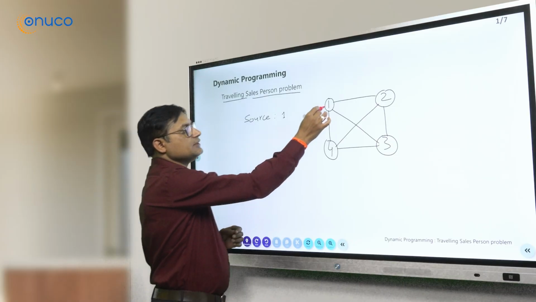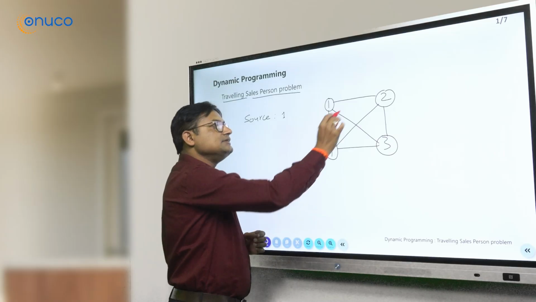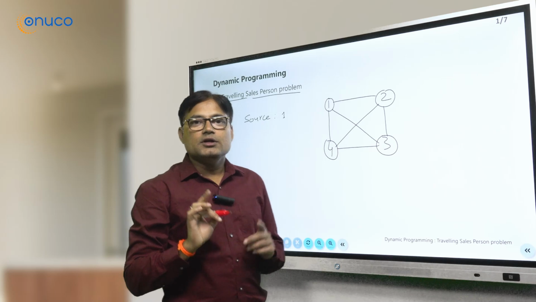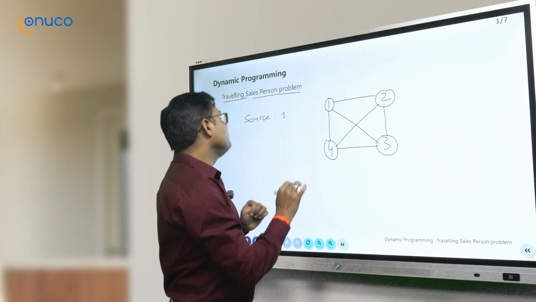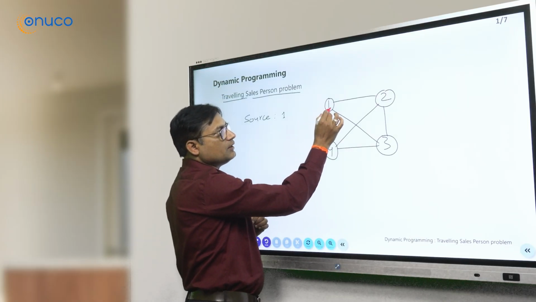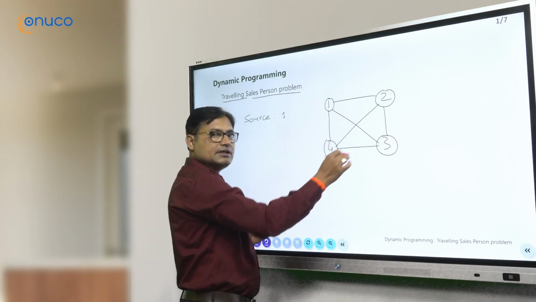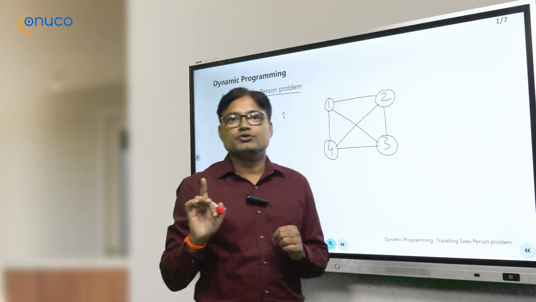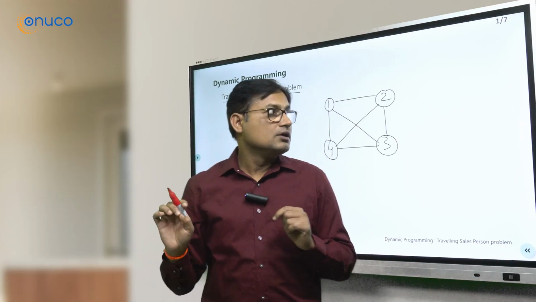We have to start the journey from 1, visit all the cities exactly once, and come back to the source. Remember that we are not going to repeat intermediate vertices. We only repeat the source vertex. By starting the journey from 1, going through all the cities exactly once, and coming back to the same city, the source, that is called the traveling salesperson's problem.